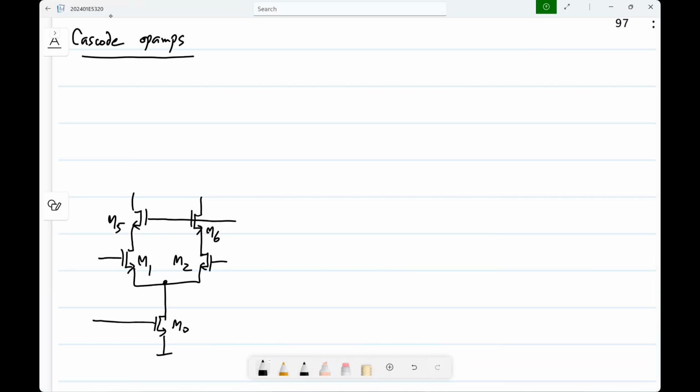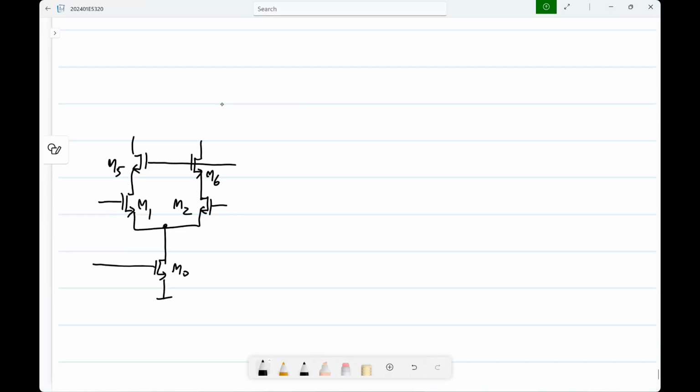So here I am using NMOS cascode for the NMOS common gate amplifier. This is fixed at some voltage VG56, so that you have to generate, and so on. The circuits quickly become more complicated, but based on your background knowledge, you have to design all these biasing circuits. Okay.